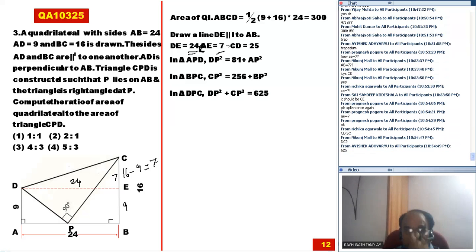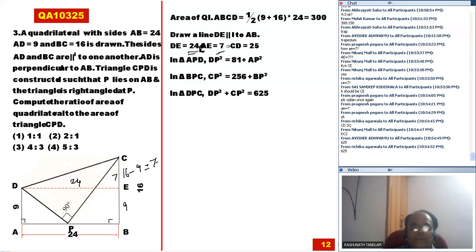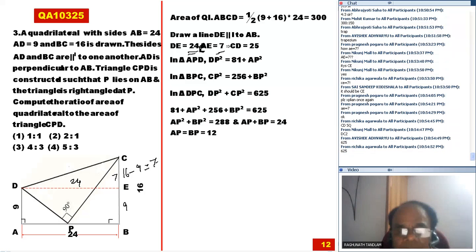CD square is 625. So 625 equals 81 plus AP square plus 256 plus BP square. From that you get AP square plus BP square equals 288. AP plus BP is 24. Solving that you get AP equals BP equals 12.